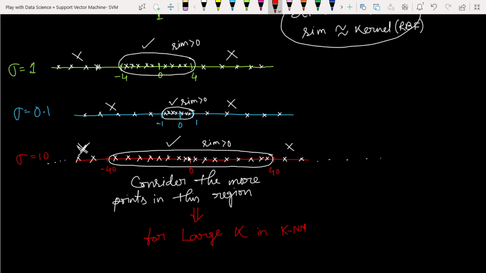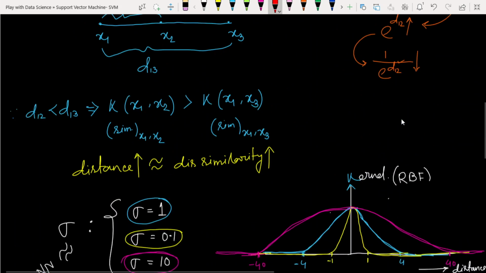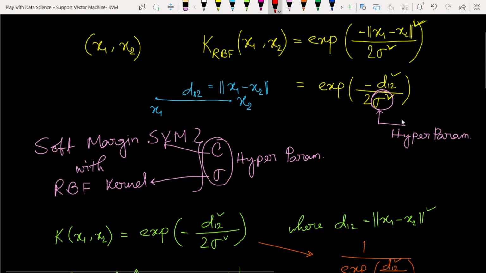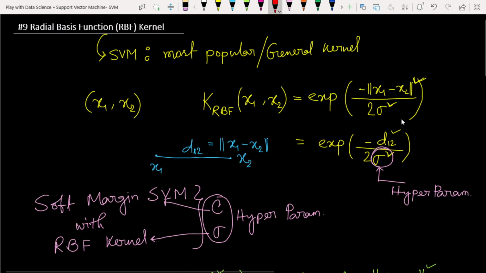And this thing is equivalent to a small K in KNN. Okay, so you can see, sir, these two things are the same as KNN, but why without using KNN? This is so simple. I am using this technique.